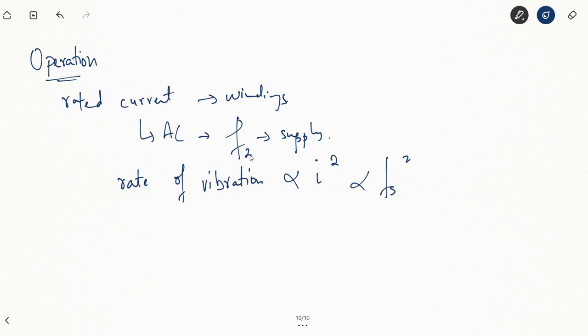Now each and every reed will vibrate depending upon its natural frequency of oscillation, but the particular reed whose natural frequency of oscillation is equal to the supply frequency will be in resonance with the electromagnet.